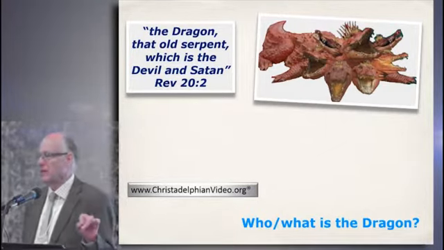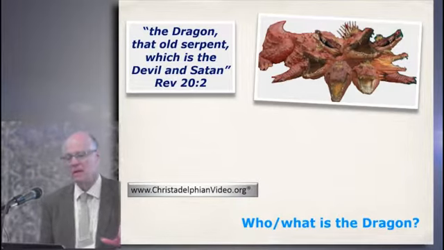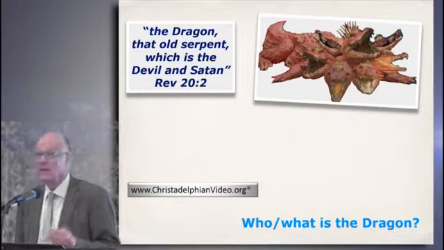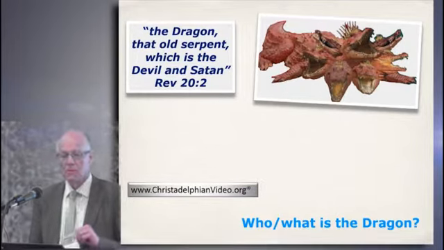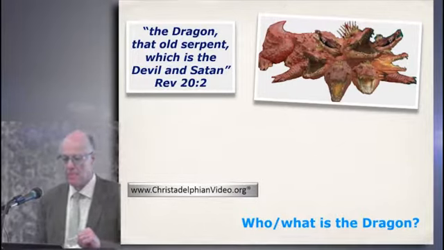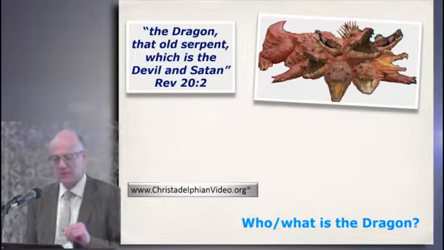Sin began in the Garden of Eden and then began to manifest itself in the kingdoms of men in opposition to the things of God. And in John's day, the dragon was the symbol for the political system of his day, the Roman Empire. So this system opposes the truth.